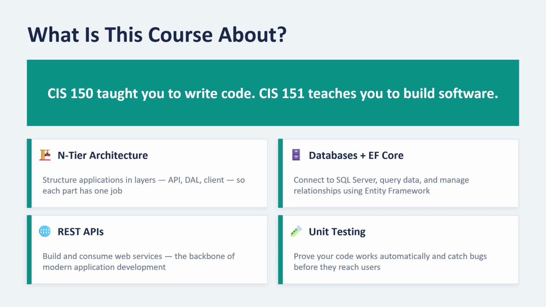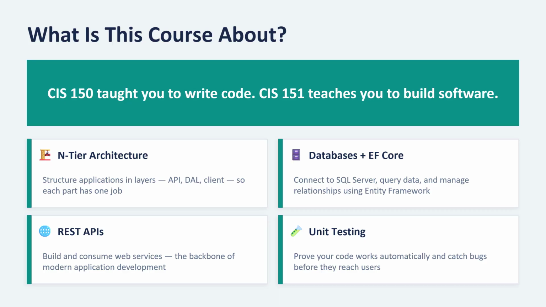And there are 4 big topics that we cover this semester. N-tier architecture, which is structuring your application in layers so each part has one job. Databases and Entity Framework Core, connecting to SQL Server and working with data using Entity Framework.